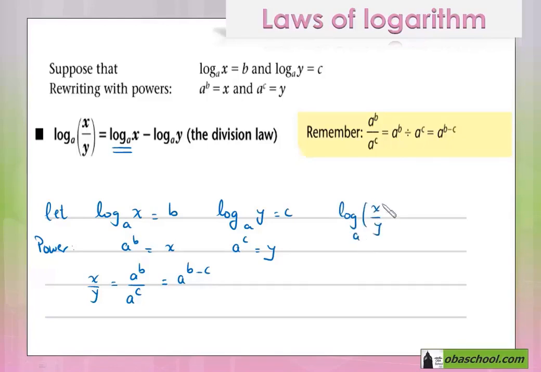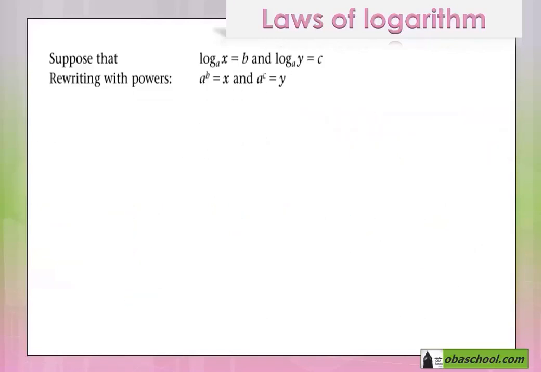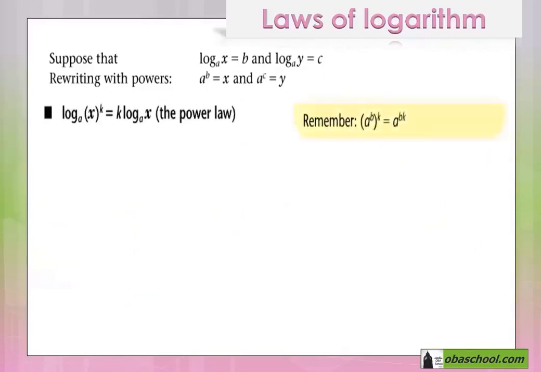And so that would mean log x over y to the base a is basically equal to b minus c, which in other words is log x to the base a minus log y to the base a. And that is basically all you need to break down when it comes to the division of the logarithm laws. Again, all what we have done, replaced both of them with b and c and changed it.